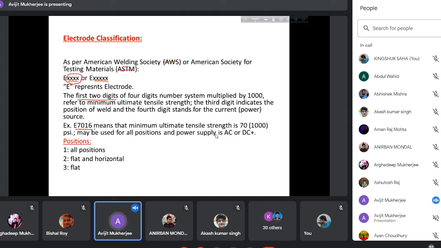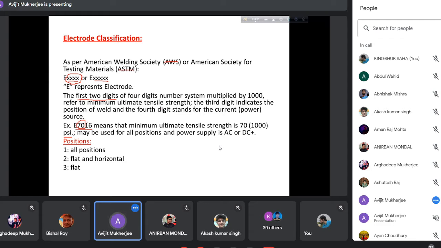This is a 4 digit representation. E stands for electrode, and the first 2 digits 70 multiplied by 1000, that is 70,000 psi, pounds per square inch. That is the ultimate tensile strength that is expected when the joint is prepared with this electrode.